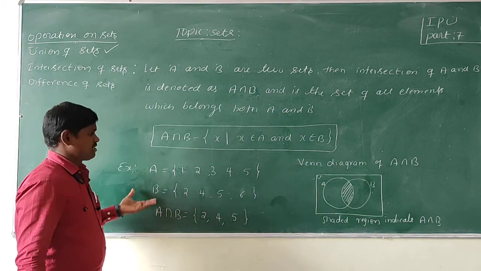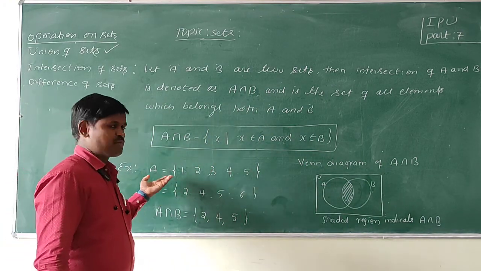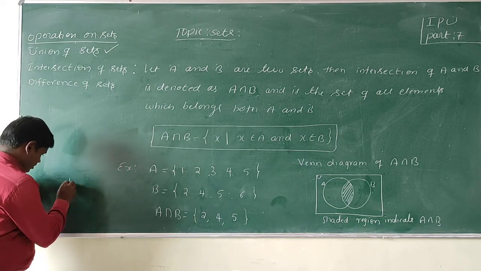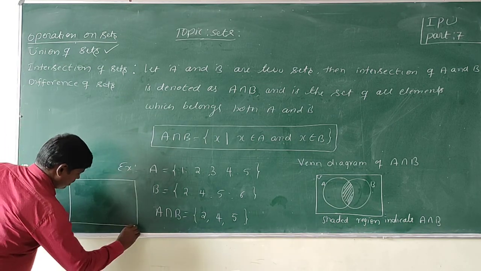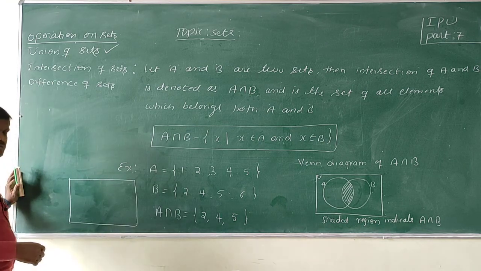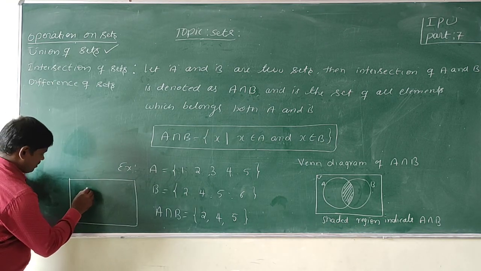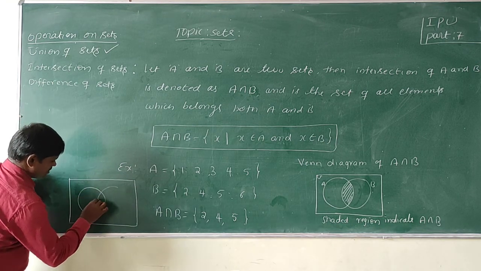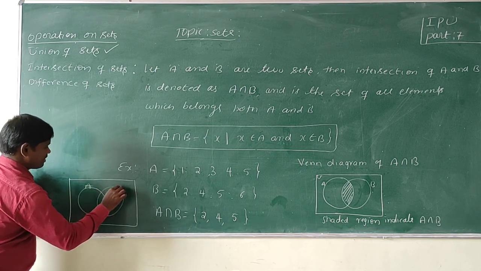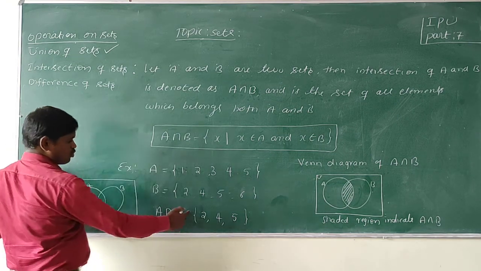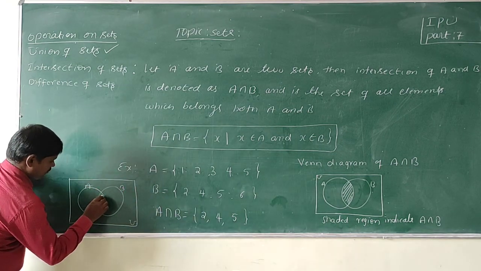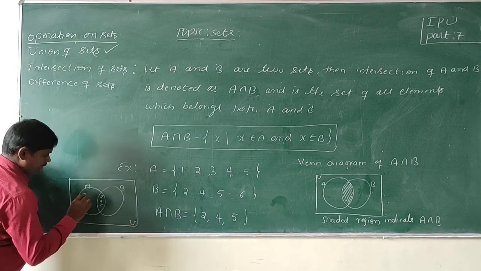So what about the Venn diagram of this problem? Let's consider the rectangle, the universal set. This is set A and this is set B. The elements which belong to both are 2, 4, 5, so you write 2, 4, 5 here.